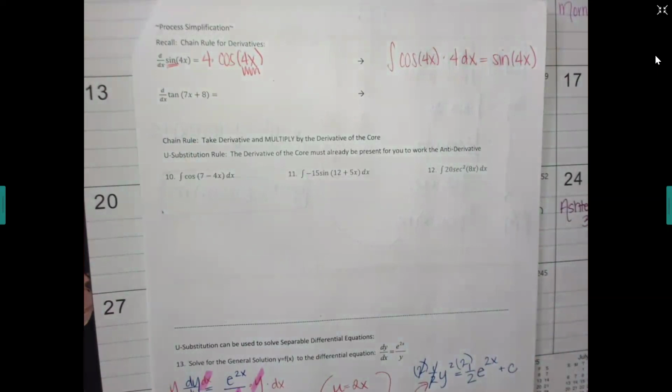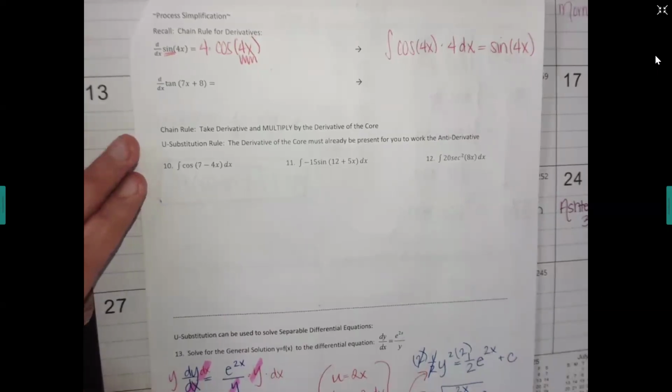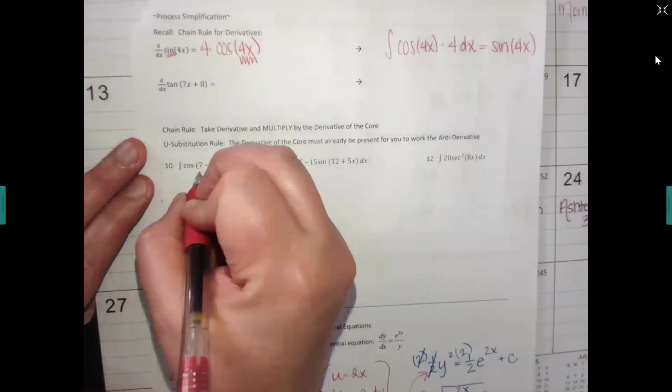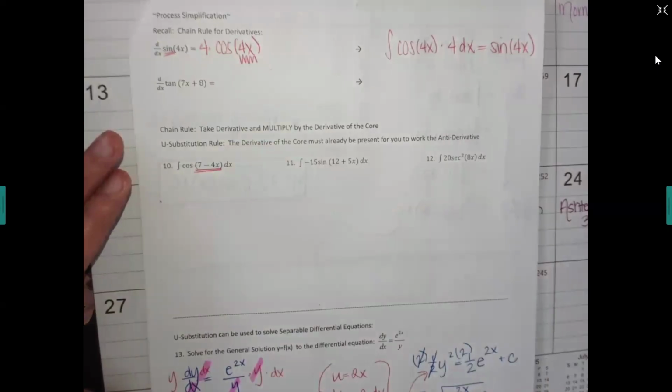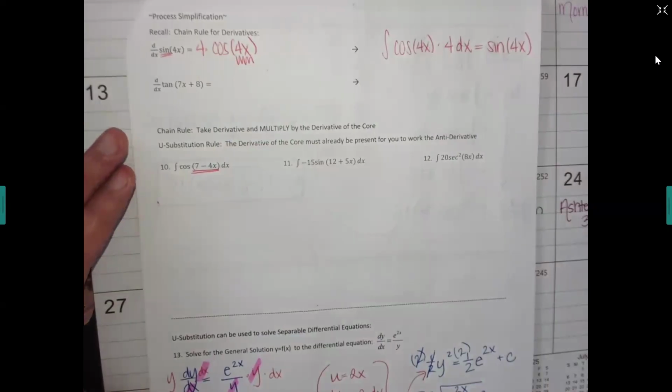So if you kind of don't like all the steps of u-sub, what you can think of is that if I'm doing, let's say, number 10, what would the U be? Okay, so the U is 7 minus 4x, then what's U prime? -4. Then here's what that means. There has to already be a -4 for us to undo the derivative.